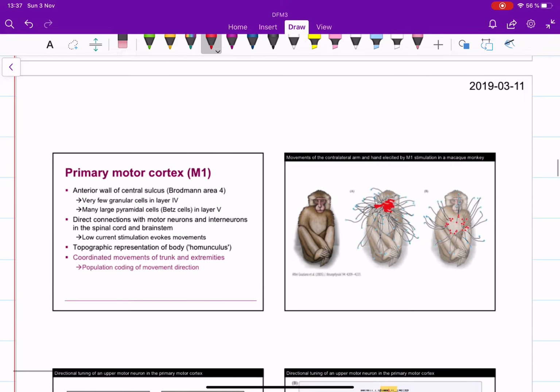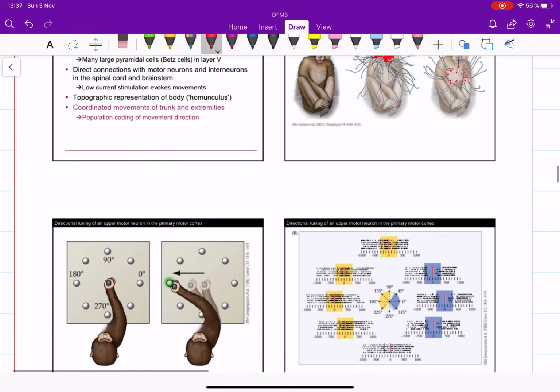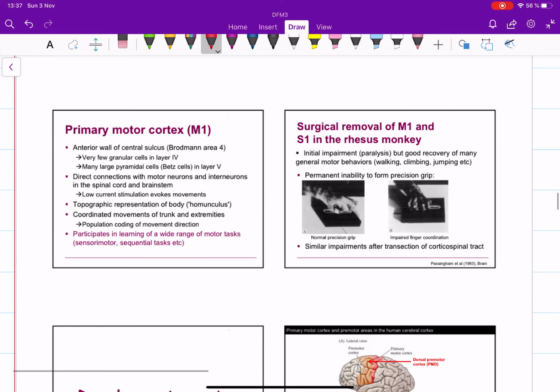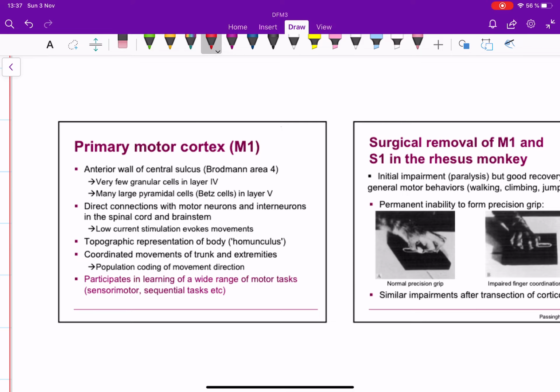The function of it is the coordination of movement of the trunk and extremities.